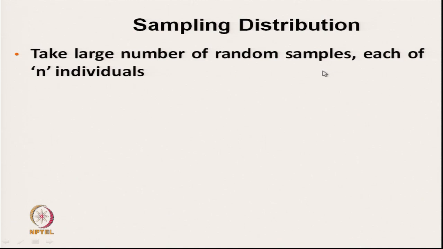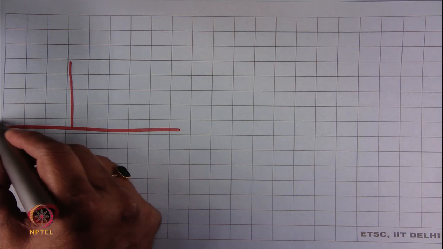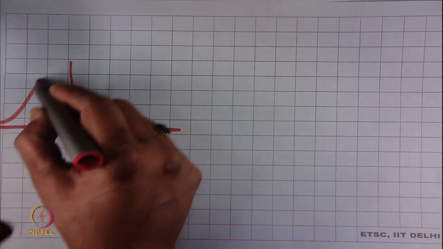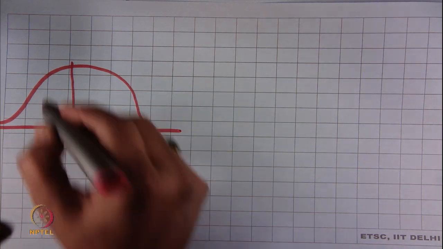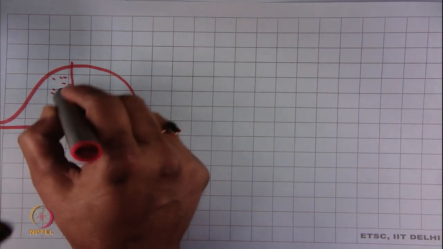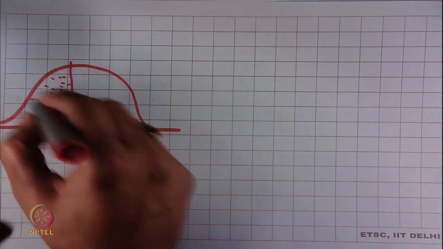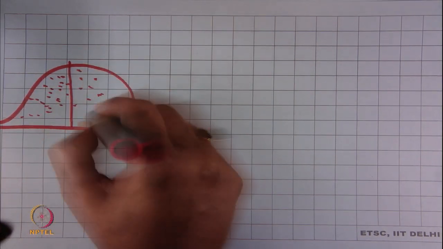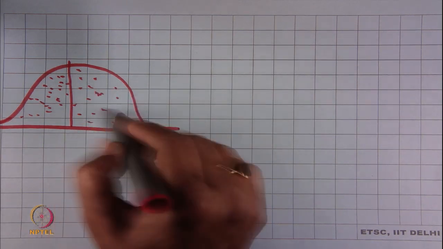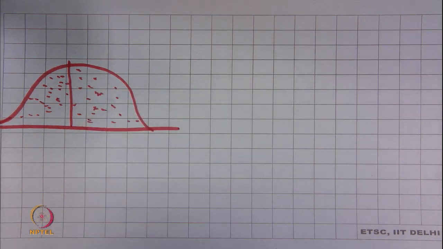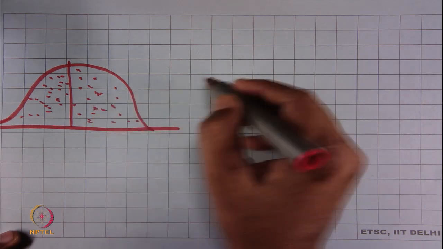Now, let us see. Suppose this is the whole population, and it has a large number of data. We cannot test all the data, so we have to take smaller samples.